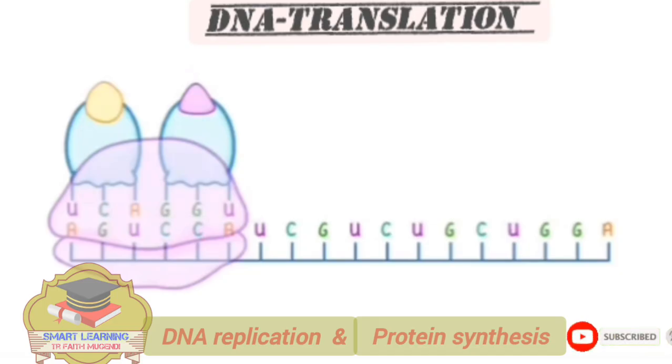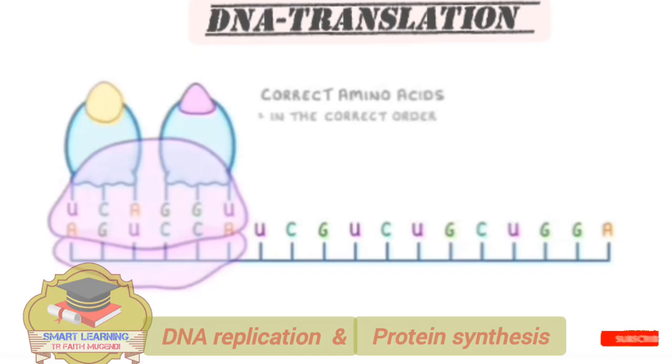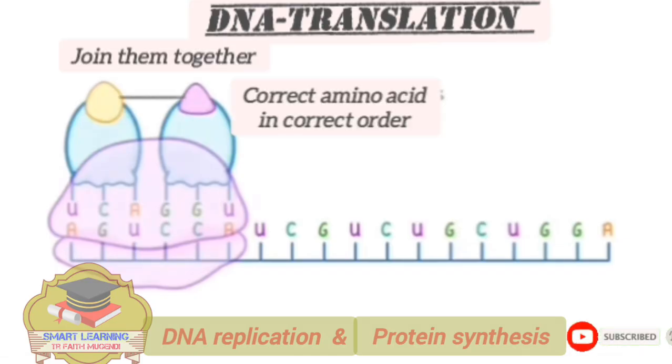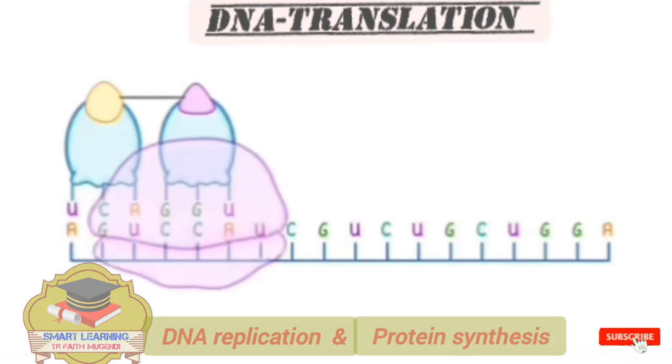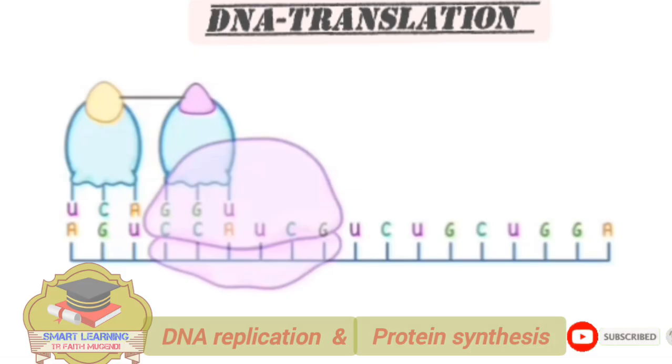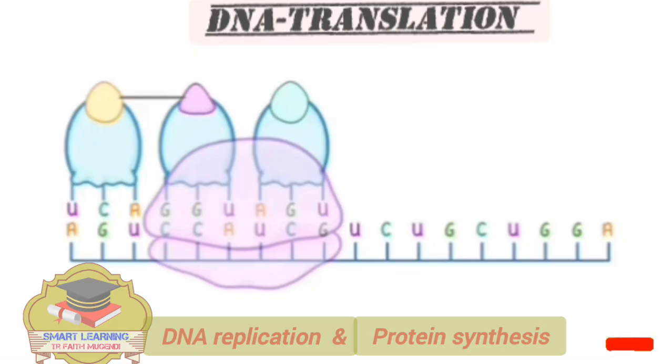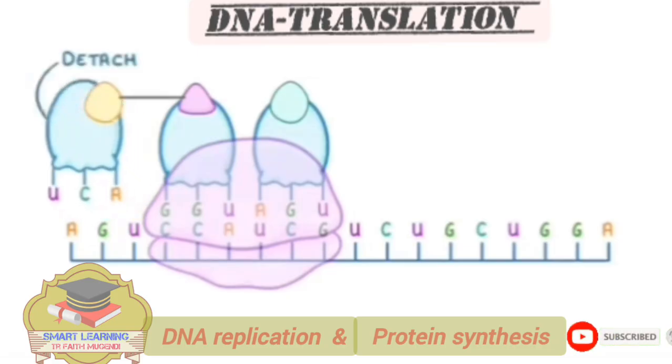The same happens to the transfer RNA anticodon GGU, which will get attracted to CCA, and by so doing, transfer RNA brings the correct amino acids in their correct order, so the ribosome is able to join them together to make a chain of amino acids, moving along the strand of messenger RNA, where the formed amino acids are condensed to form a long polypeptide, which is a protein.